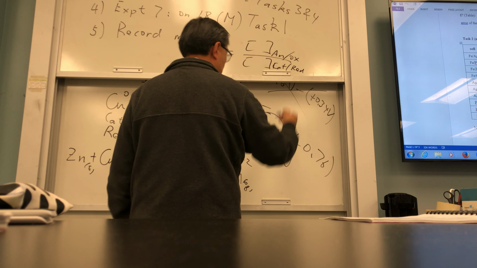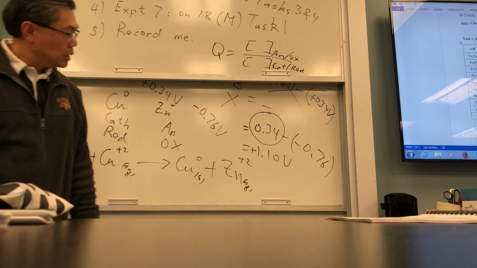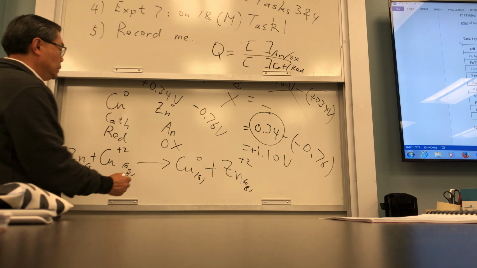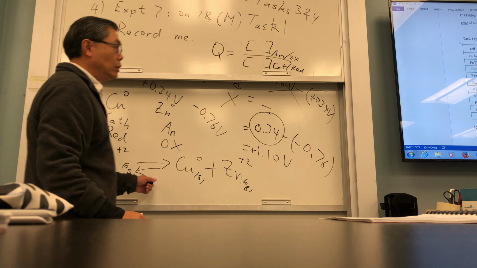So oxidation, that's your zinc. So don't forget to write out all these 10 pairs of equations. All right, so that's the general equation for the Q and E sub cell.